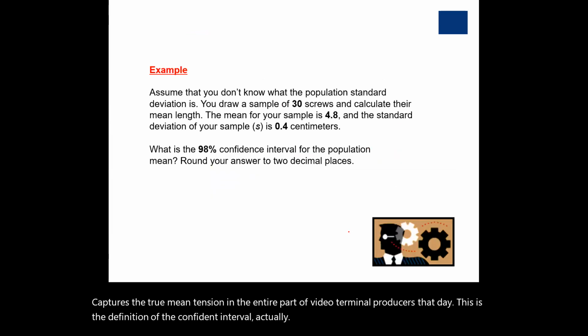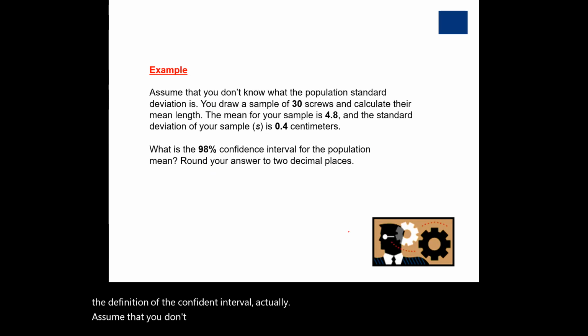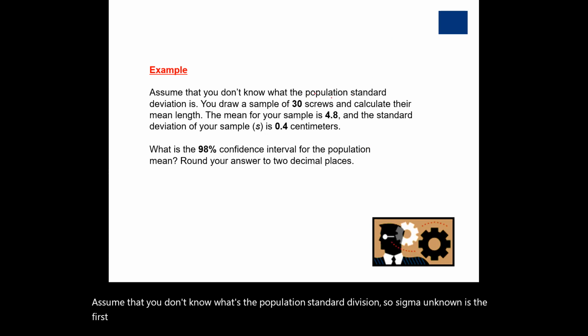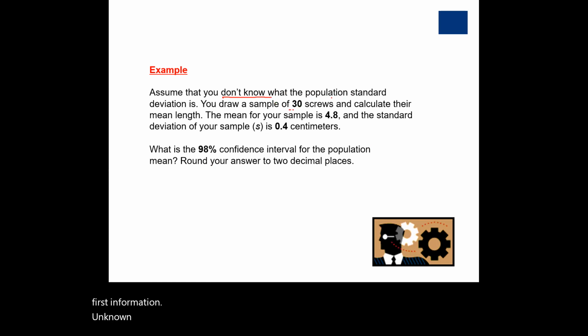Assume that you don't know the population standard deviation. So sigma unknown, this is the first information. You drew a sample of 30. So here we have n equal 30, n minus 1 is 29.